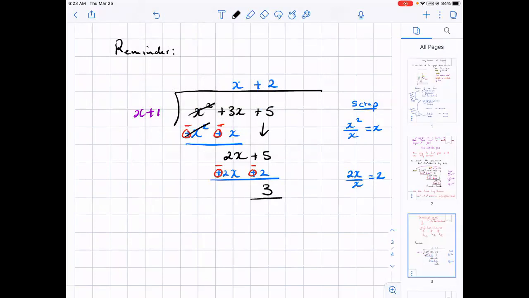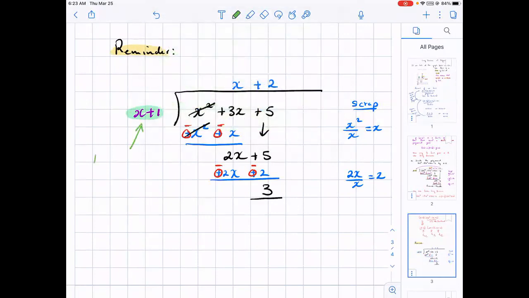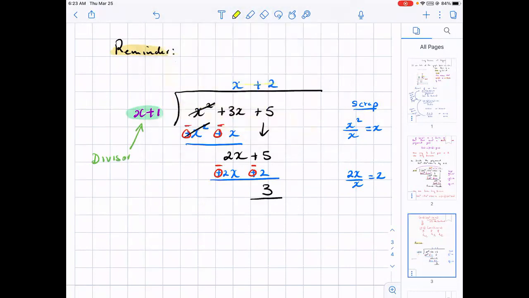So the reminder that I want to talk about is this here, which is called your divisor. This is what we call the divisor. This up here is what we call the quotient.